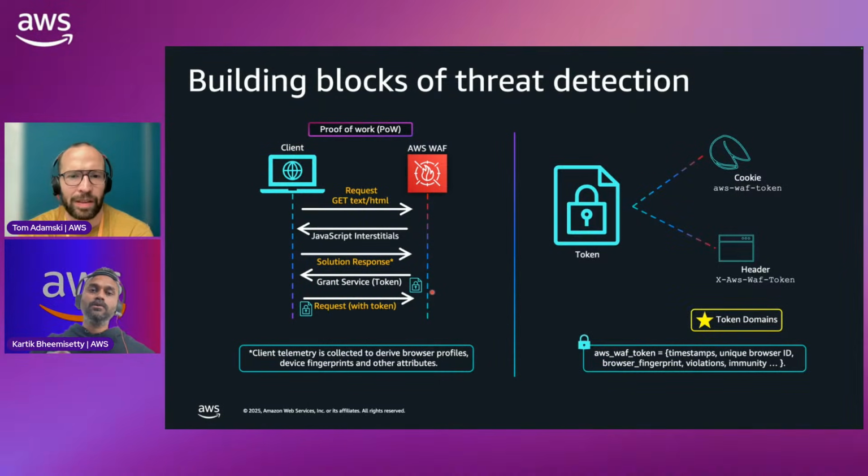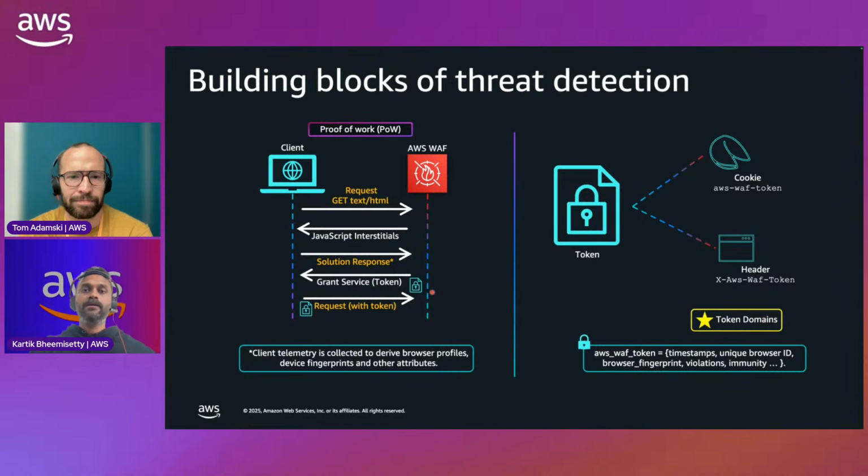So how does a token get sent back to WAF? There are two ways. One is as a cookie, the aws-waf-token cookie, or a header, x-aws-waf-token.